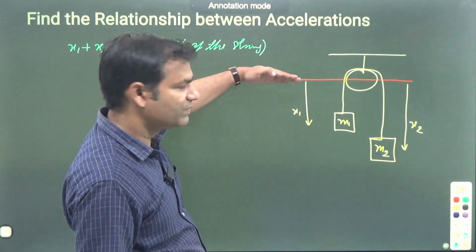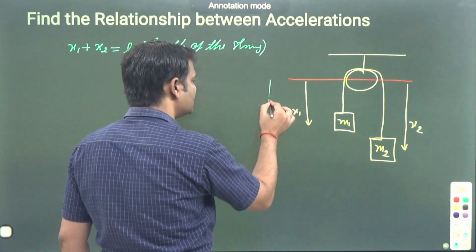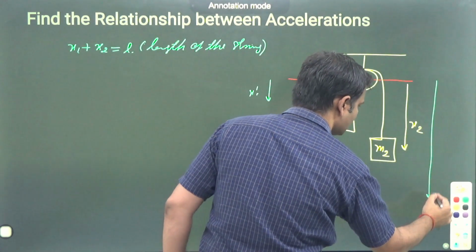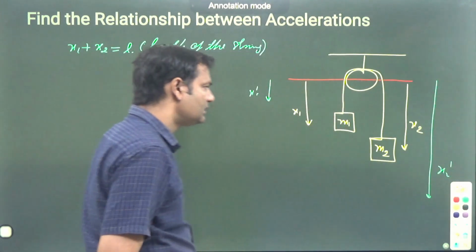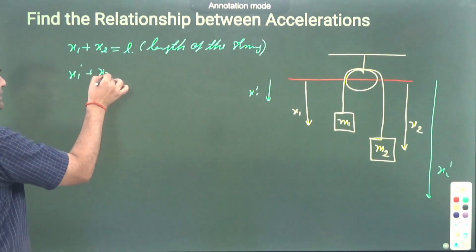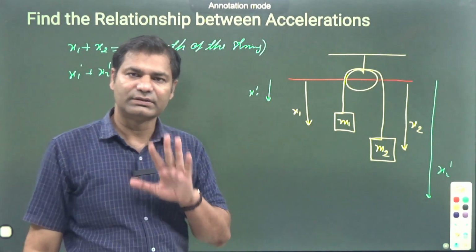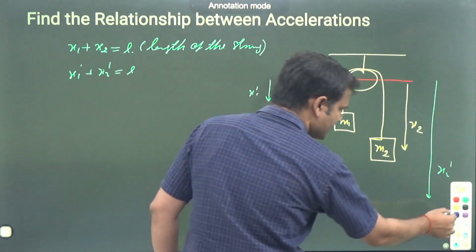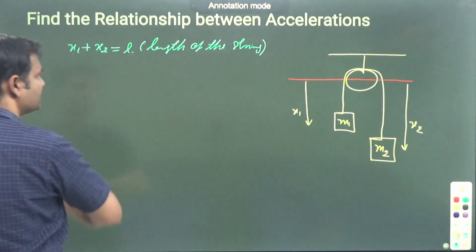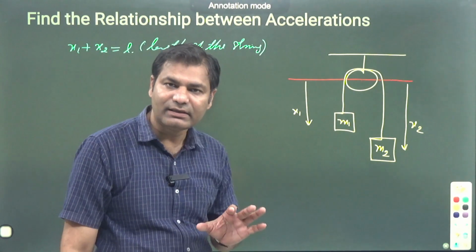If x1 moves, suppose this one moves to x1 dash and this one goes downward to x2 dash, then again you can say that x1 dash plus x2 dash is L. Clear or not? So first of all, make this one.